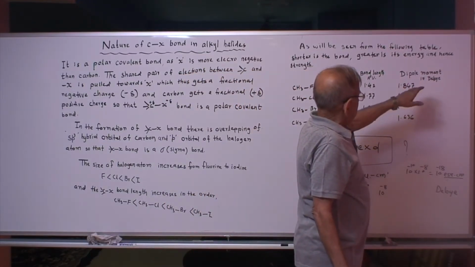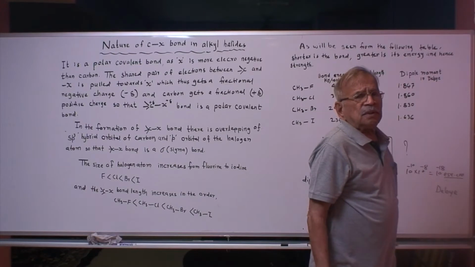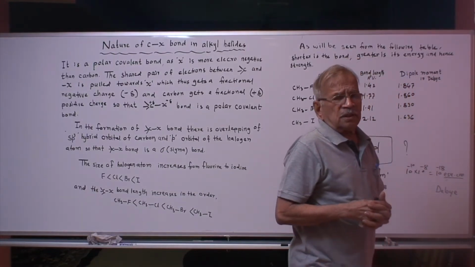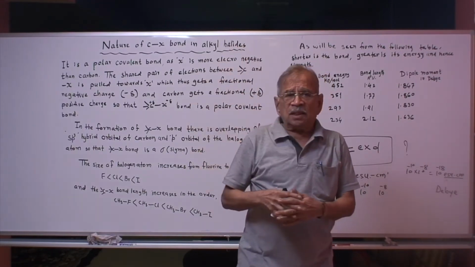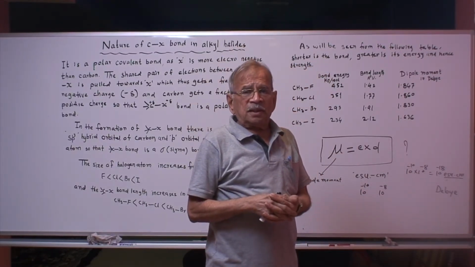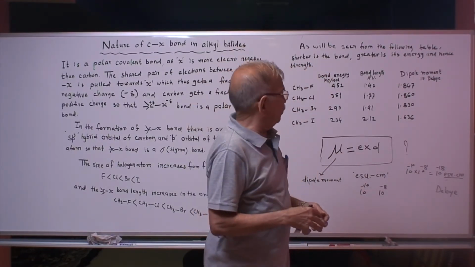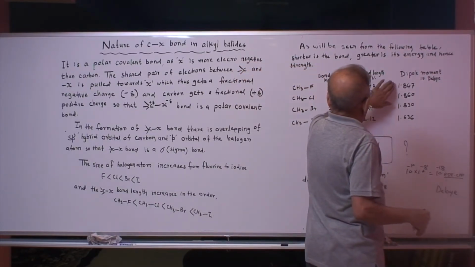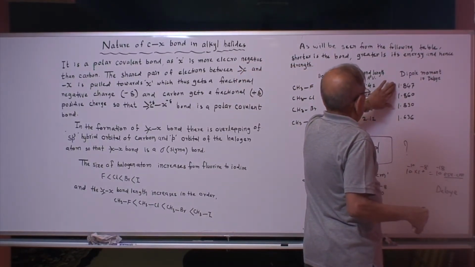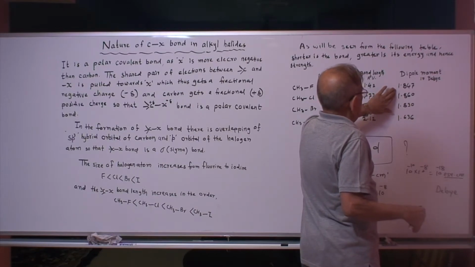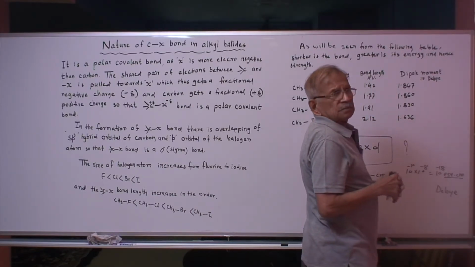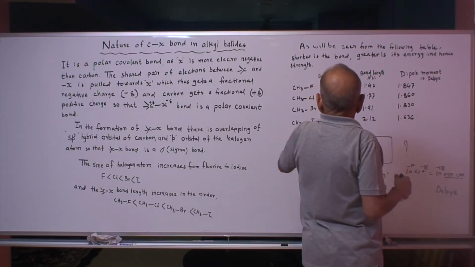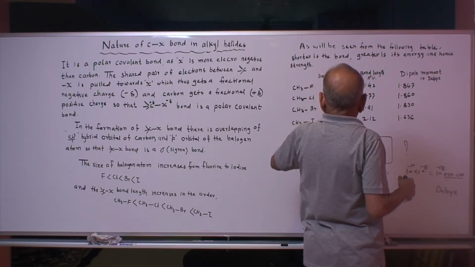What is visible from these values of dipole moments for the C-X bond in F, Cl, Br, I? We find that the dipole moment should regularly decrease as we move from F to I.